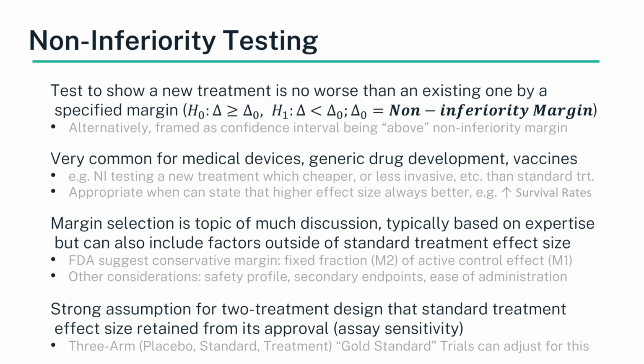And we also saw from the figure on the previous slide that testing can often be framed in terms of confidence intervals being above a non-inferiority margin. But something I didn't mention was that the non-inferiority hypothesis is a one-sided test, which you can see here from the hypothesis statement.